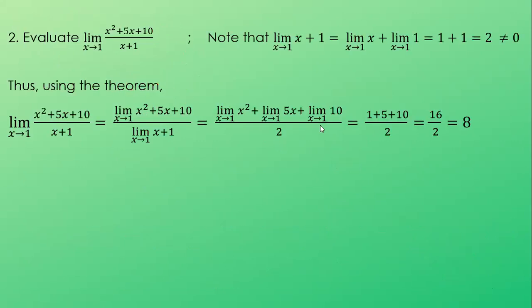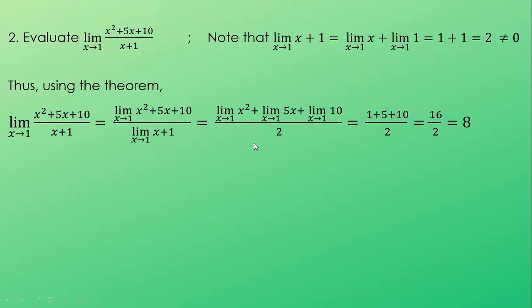Okay, let's have number 2. The limit of x squared plus 5x plus 10 over x plus 1. Okay, so we can apply the theorems. Sa isa yan, na-evaluate natin yung limit, and then tsaka natin i-solve.